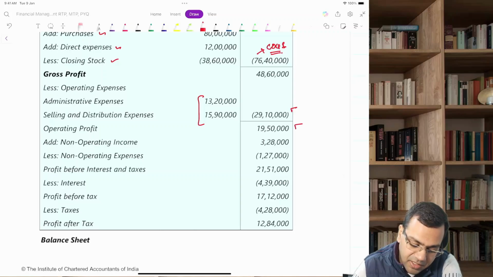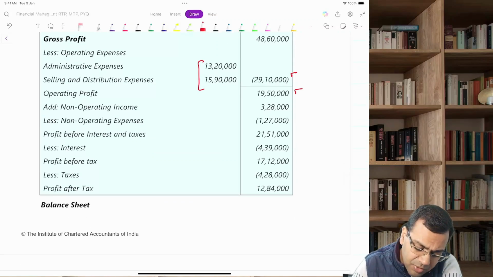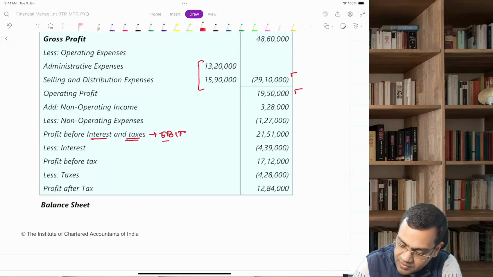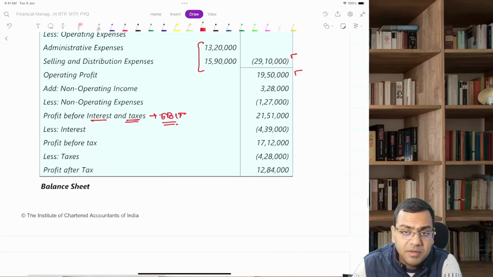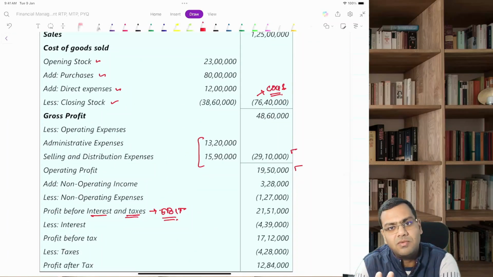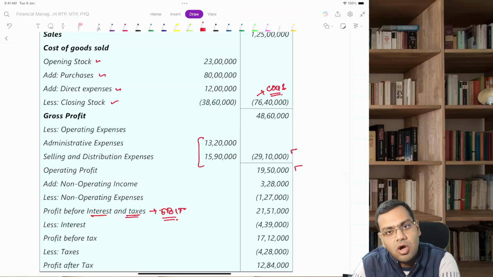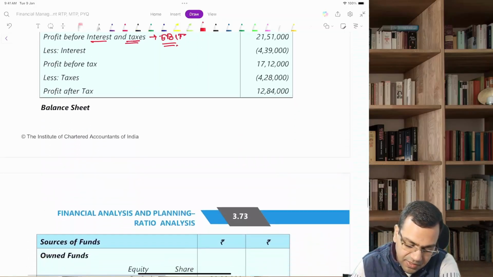You will get your operating profit, add non-operating income less non-operating expenses, profit before interest and taxes. That is your EBIT, right? Then less interest, profit before tax, minus taxes, profit after tax. So it is the normal trading and profit and loss account that is given to you. There are no special items. The normal trading and profit and loss account which is given.